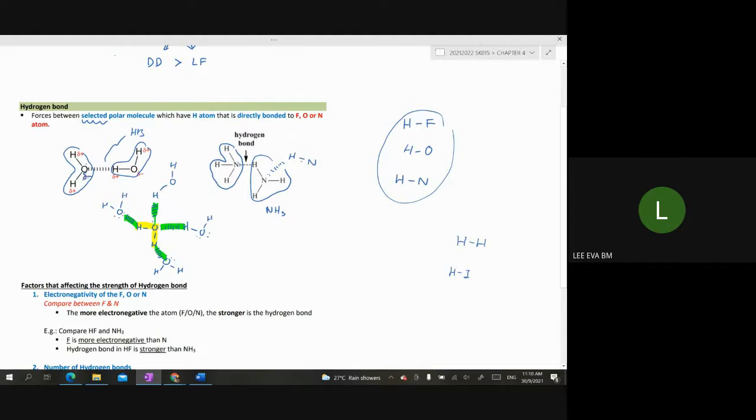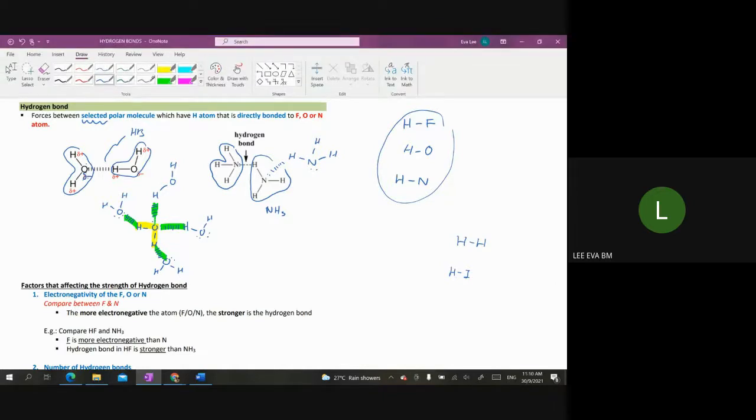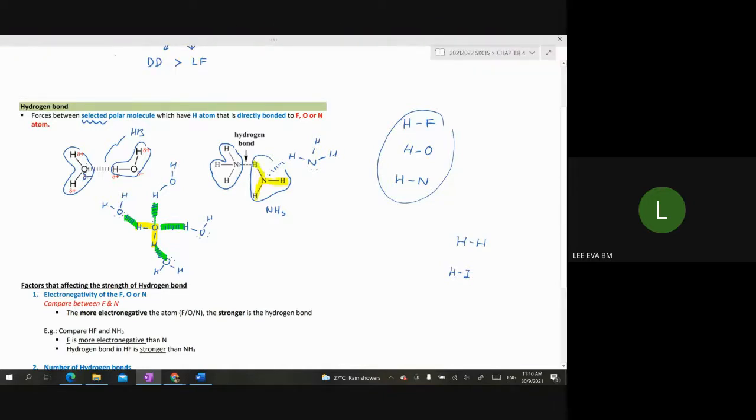So this one lone pair, and then we have another molecule of ammonia. If you focus on this structure, I can only make up to two hydrogen bonds, one from the lone pair of nitrogen, one from the hydrogen, because the available one is only one lone pair.